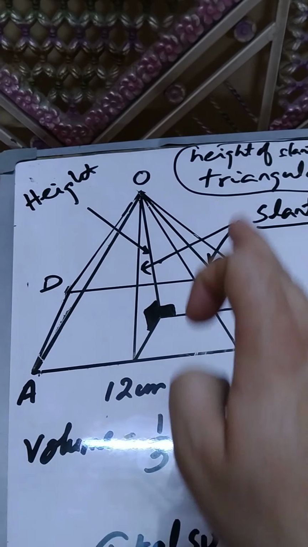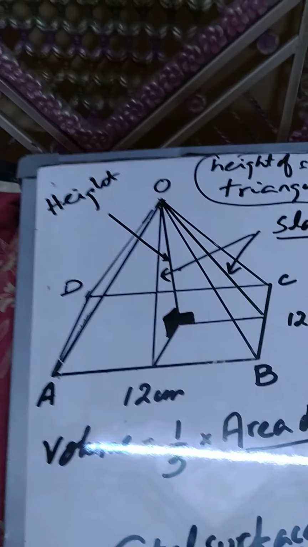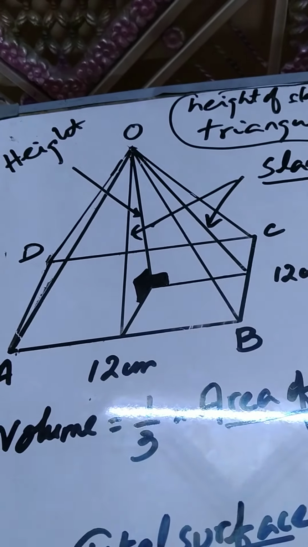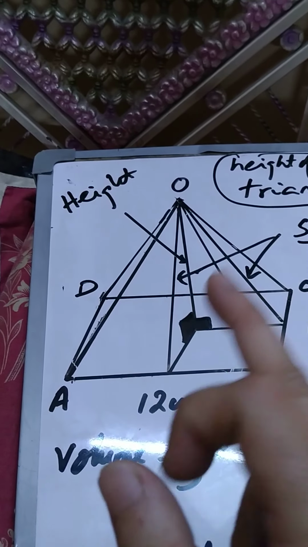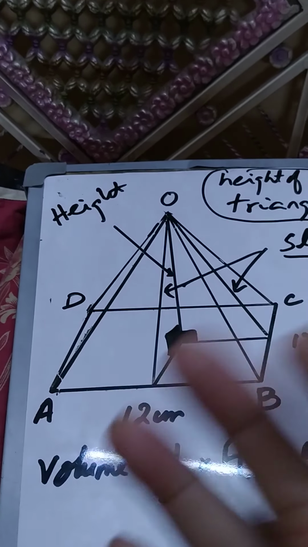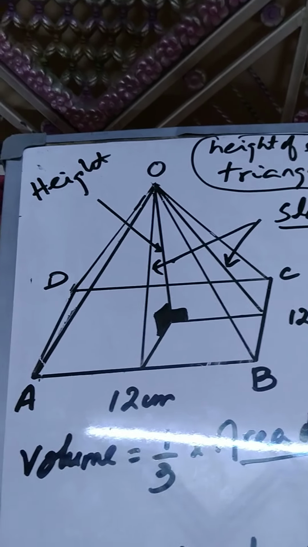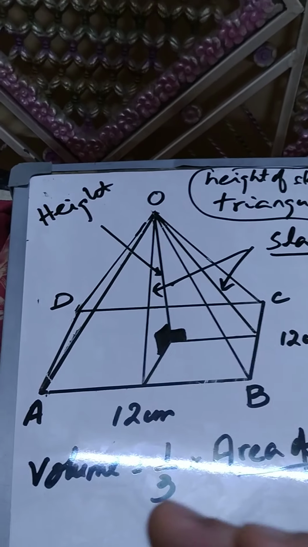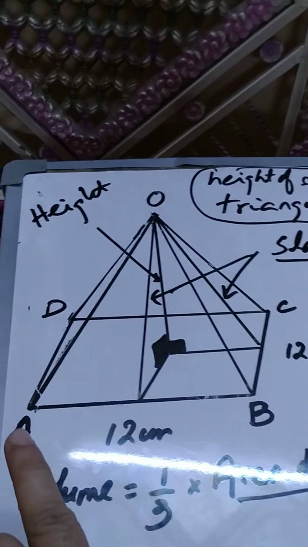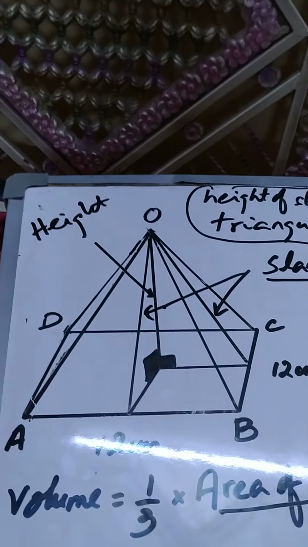We call it polygonal base because this square ABCD is on the ground. On ABCD, this pyramid is supposed to be standing, so that's why we call it polygonal base. The face on which the pyramid is supposed to be standing, the face which is touching the ground, the face which is in contact with the ground. So this ABCD is a polygonal base. So this is a four-sided polygonal base.